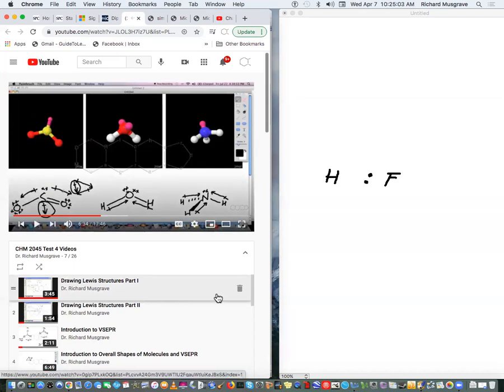Does anybody have any questions about that? Because that's really the best way of representing a net dipole, just a combination of the two dipoles. I'll see how people feel about it. How do people feel about my explanation for the net dipole that's resulting from SO2?